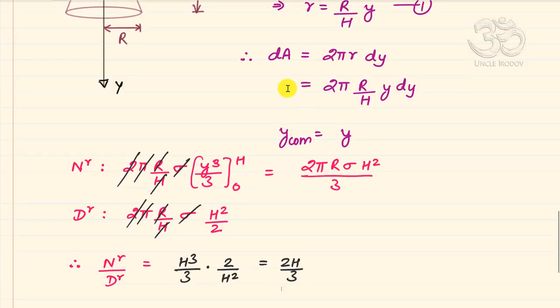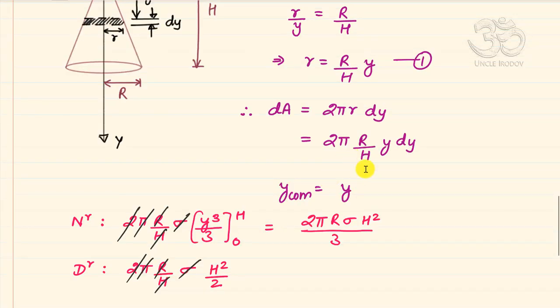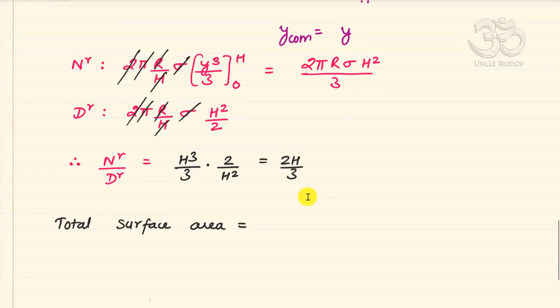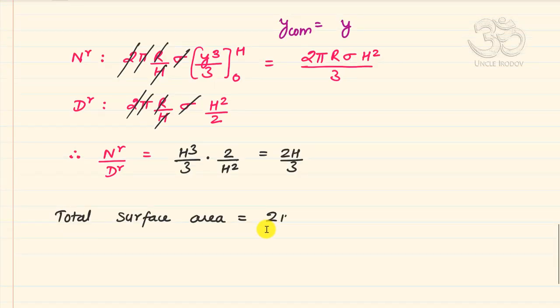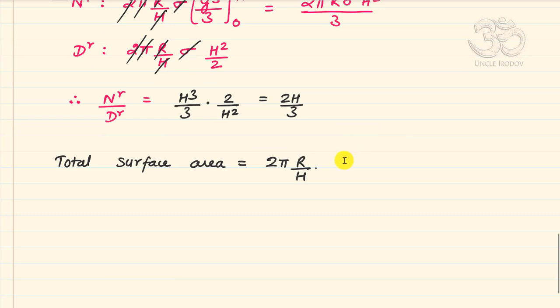The total surface area is going to be equal to the integral of all that. So 2 pi R by H goes out, and you will have y dy, so y square by 2, and that will be H square by 2, and you are going to get pi R H, which is not equal to pi R L.